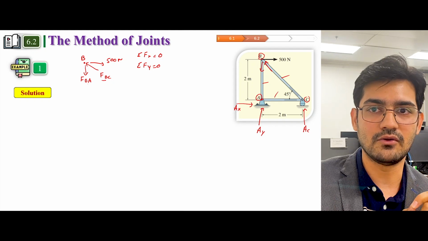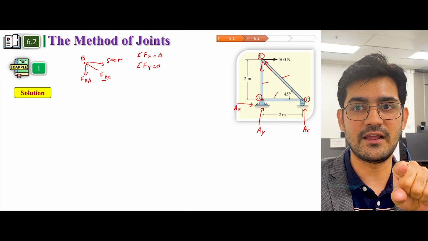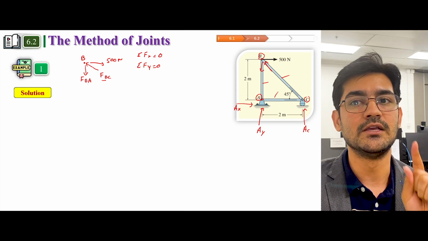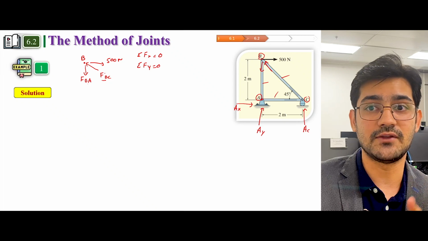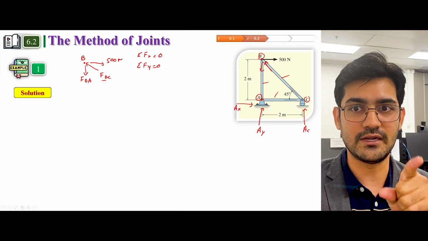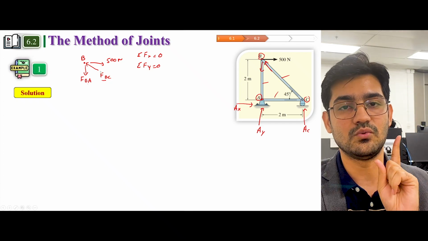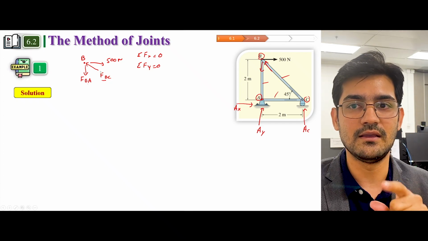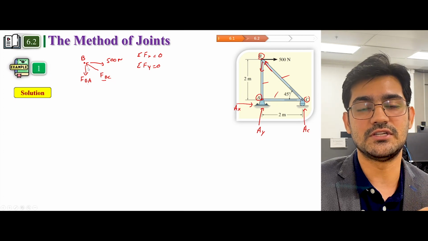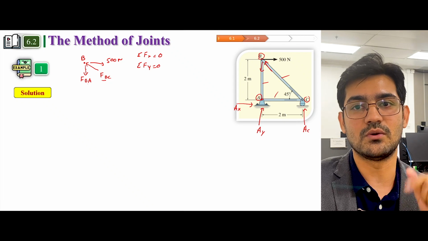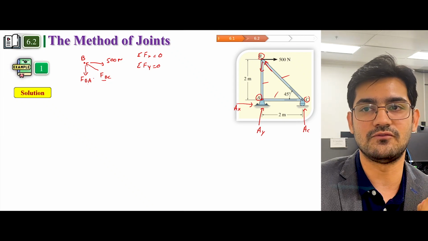But for now, you just have to remember that if it's directing towards the point, for example F_BC is directing towards this point B, and when we get the result and it comes out positive, it means that the direction which we have pointed was correct. So in that case, if this force is pointing towards the joint B, then it's a compressive force. And similarly, if the force is directing opposite, going away, for example in the case of F_BA, then it would be a tension force.